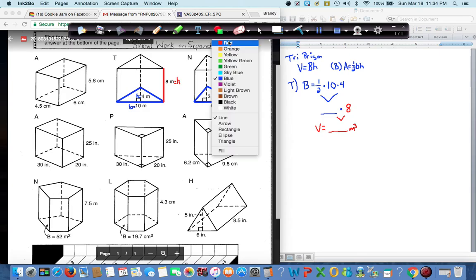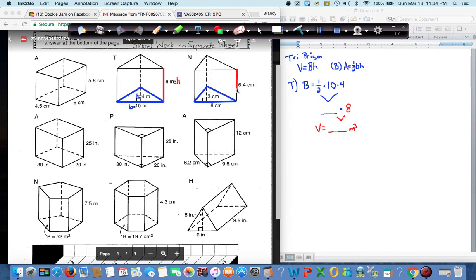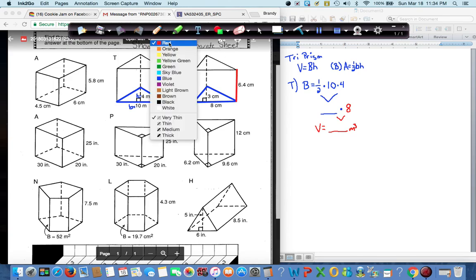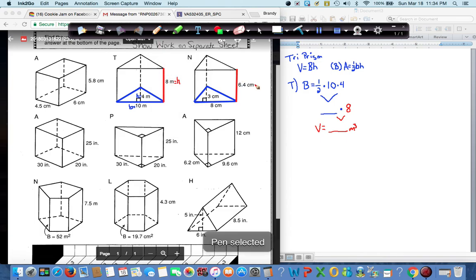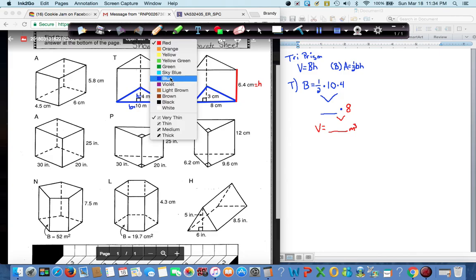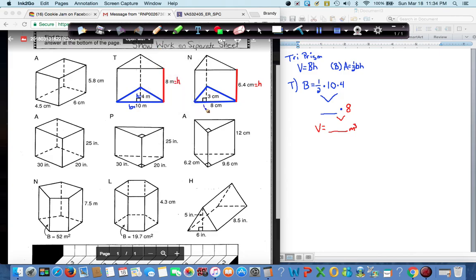And then this right here is your height of the whole thing. So that's the height here. And then we have our base and our height of the triangle.